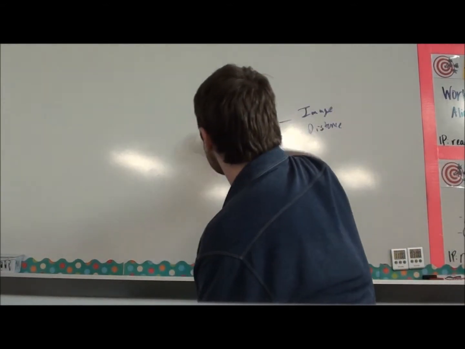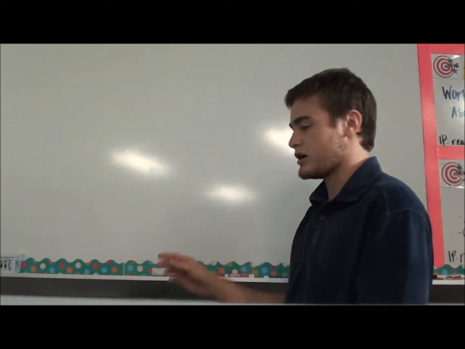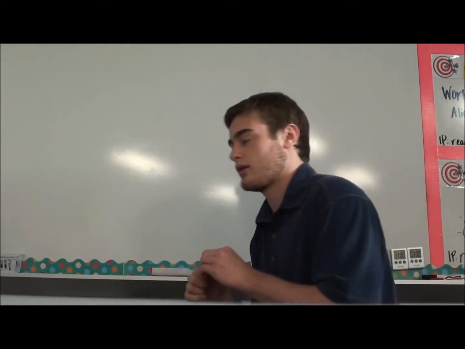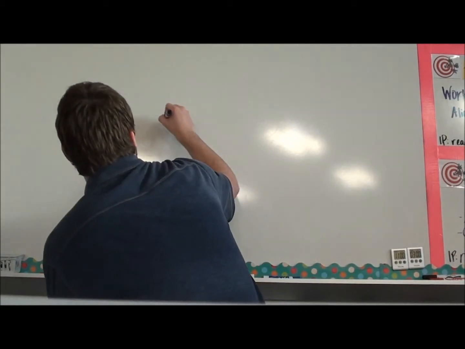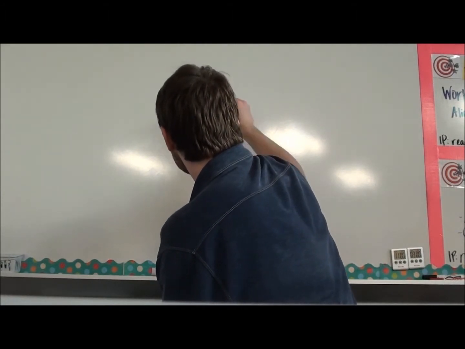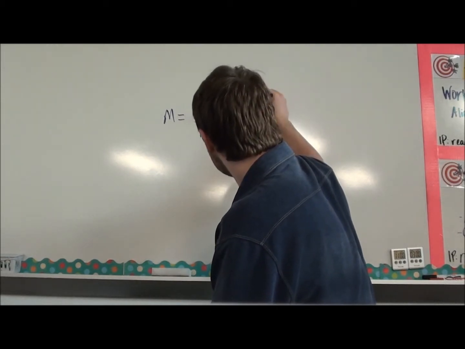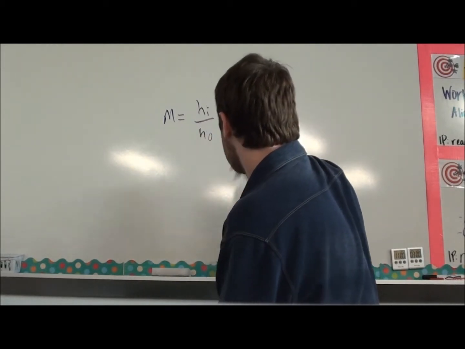The other equation that we need for this learning target is our magnification equation. So m is equal to hi over ho, which is also equal to negative di over do.